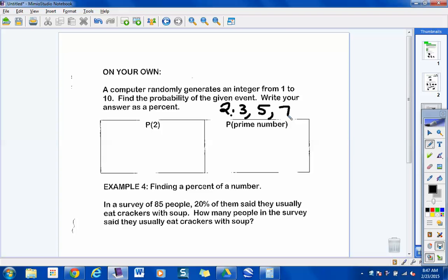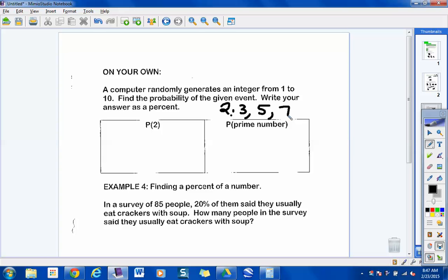Okay, 4. Very good. So I want them as a percent. So probability you get a 2, what's the percent?